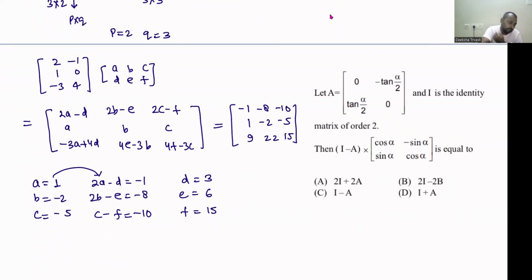So what is E and F? Check, I did a calculation mistake. If we substitute -4 plus 8, then we have 4. And here if we substitute -10, then F is 0. Check. Now the answer is correct.